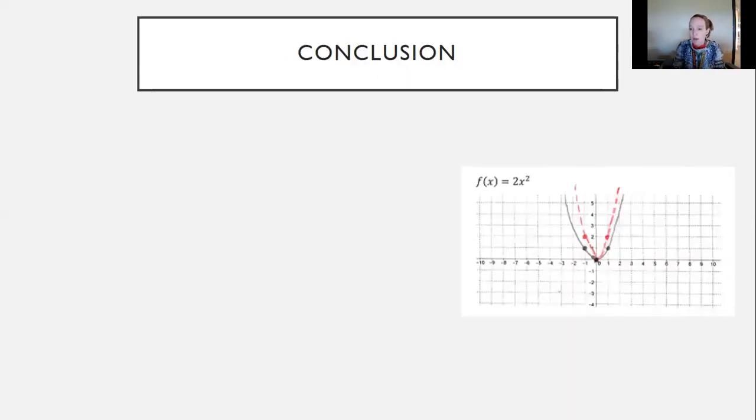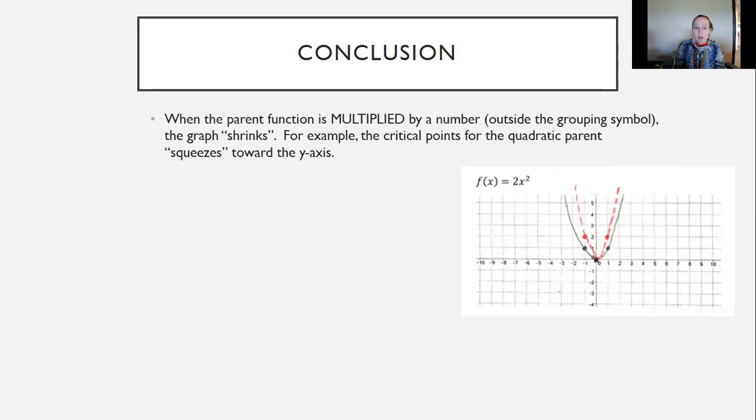Let's just focus on that quadratic for right now. When you have something that is multiplying the parent function, like right here, we have that 2 times that parent function of x squared. We shrunk or squeezed that parent function towards the y-axis.